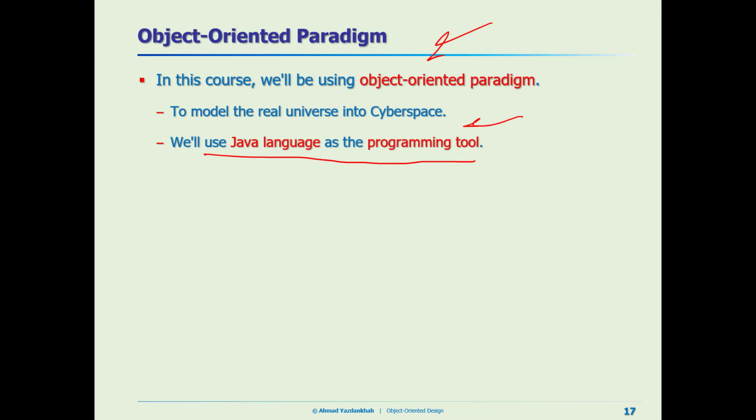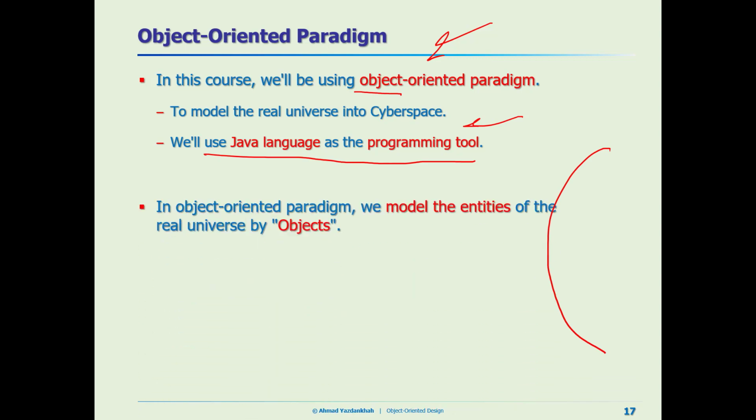In object-oriented, as its name says, all of the entities of the real universe will be modeled with objects. So if this is the case, it means that the object is the building block of object-oriented programming.